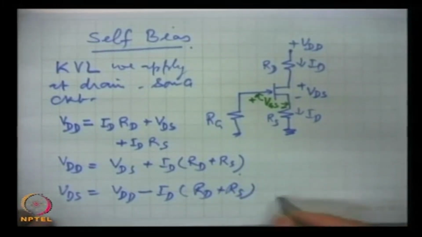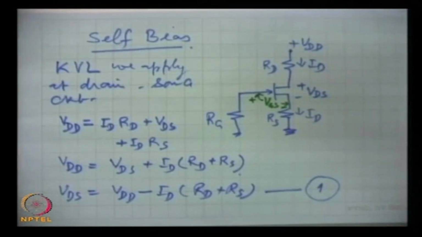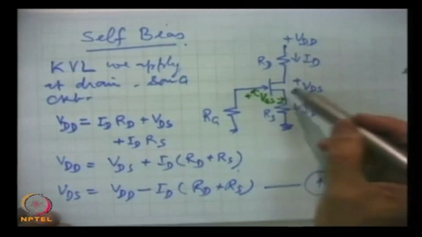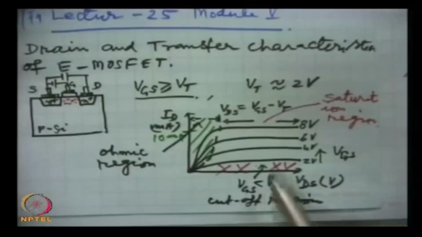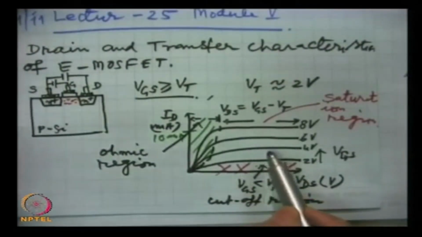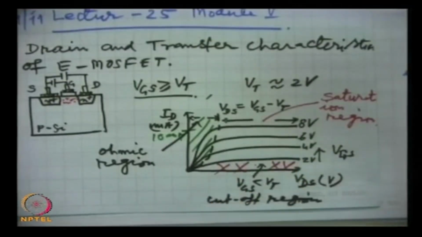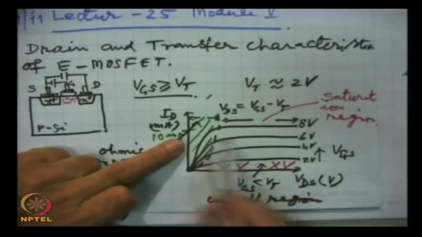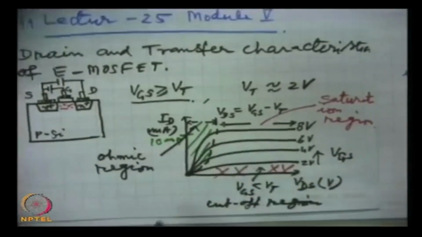Let us call this equation 1. If these resistances are known, current is known, then what will be the voltage drop VDS, which is a must. We must know VDS, that will decide our drain current.